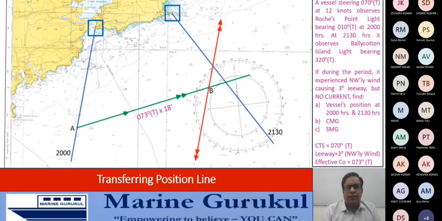PL is transferred through B, marked with 2 arrows at each end. Time of transferred PL indicated, and this is 2136, X is 2136.